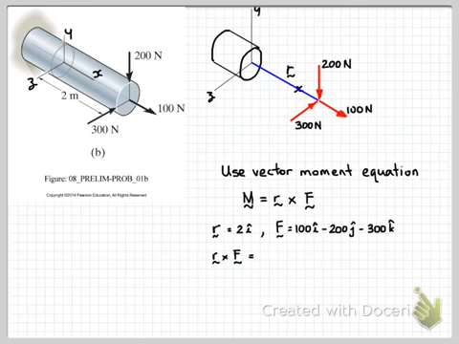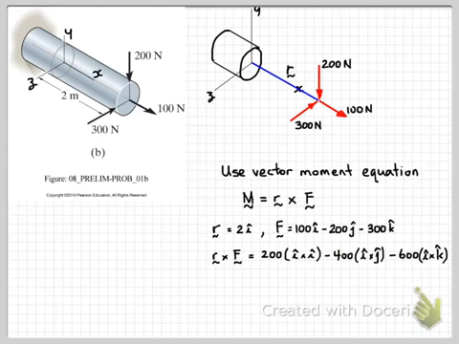Okay, so we just start multiplying through. So first off we have 2i times 100i, so 200 i cross i. Then next we have 2i times 200j, which will give us 400 i cross j.